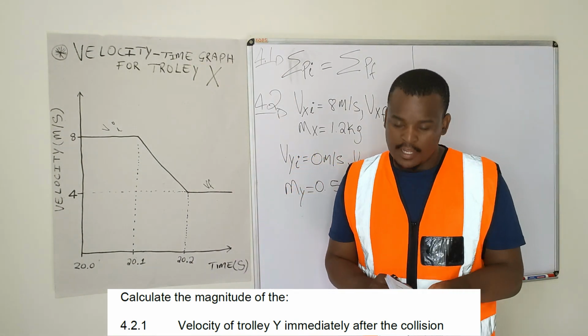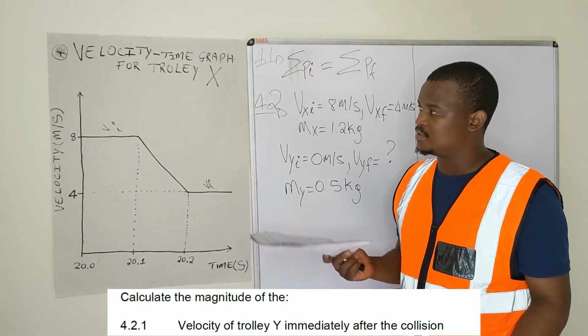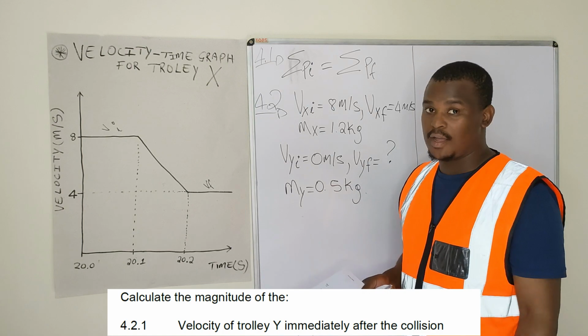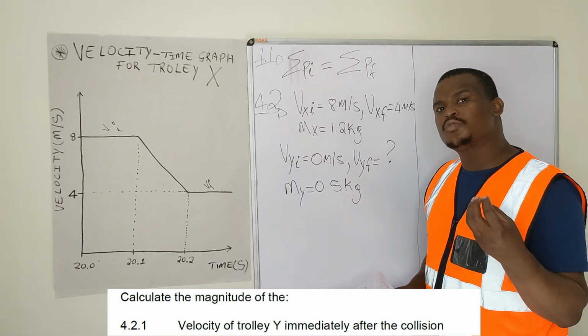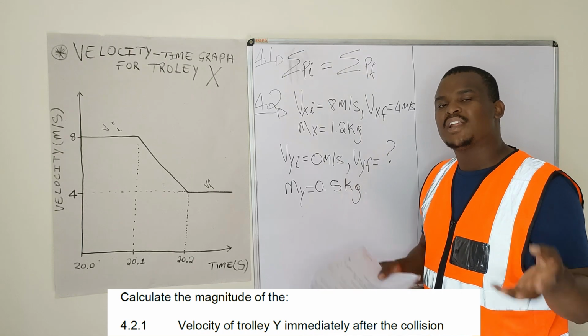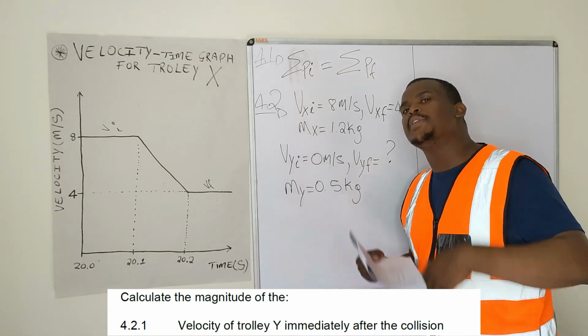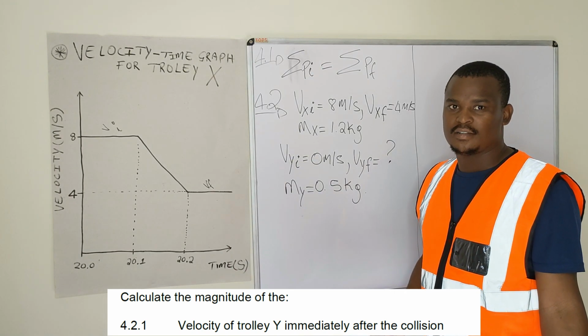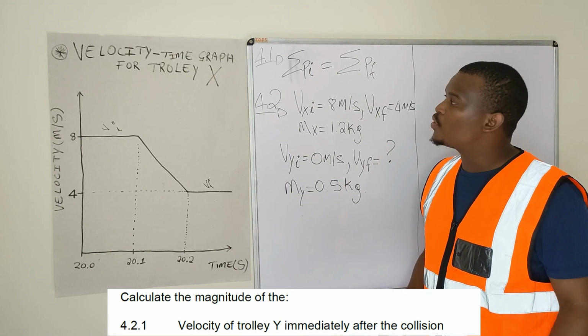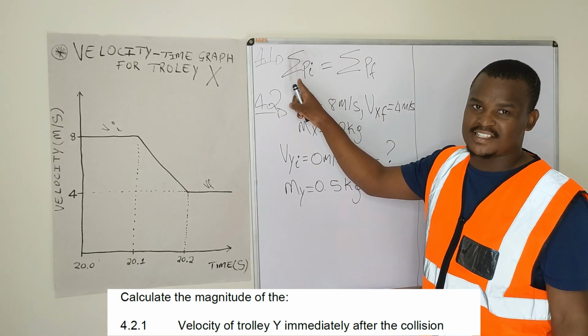Like you see in physics, especially at grade 12, if they ask you to state something, whether it's a law, a principle or a theorem, it's likely that you will apply it in the next question. So now they asked you to state this.